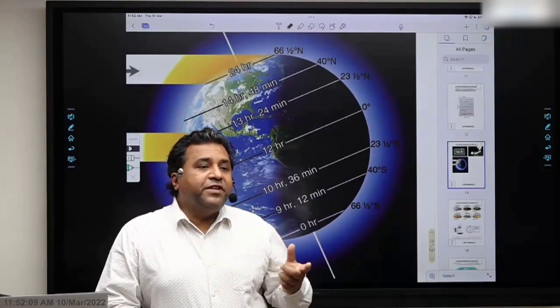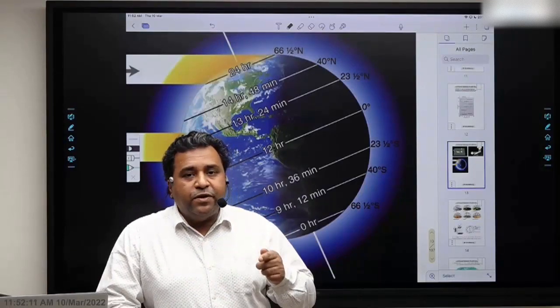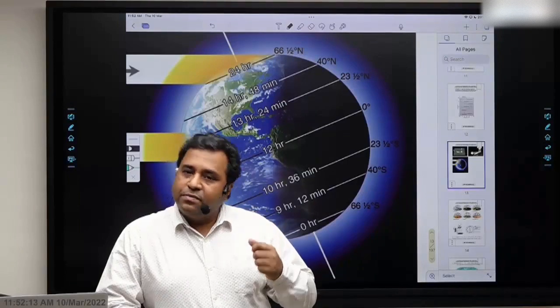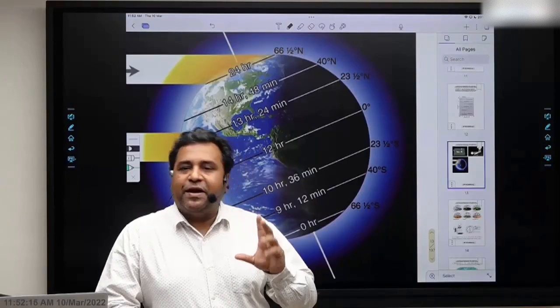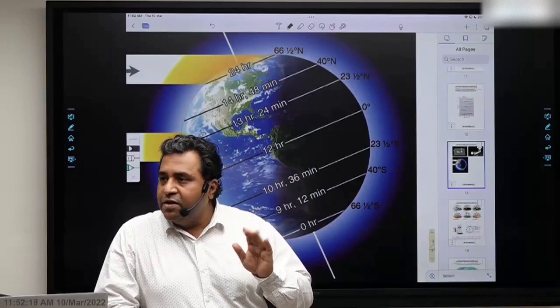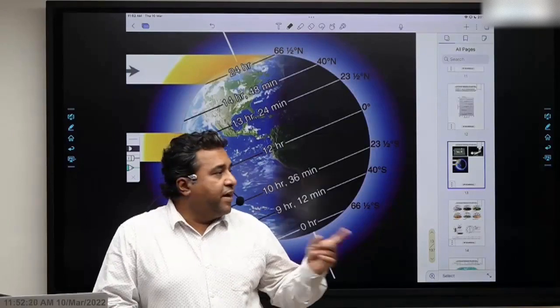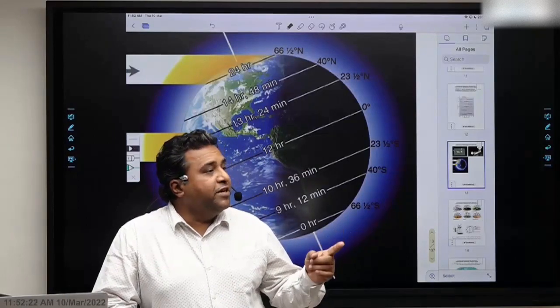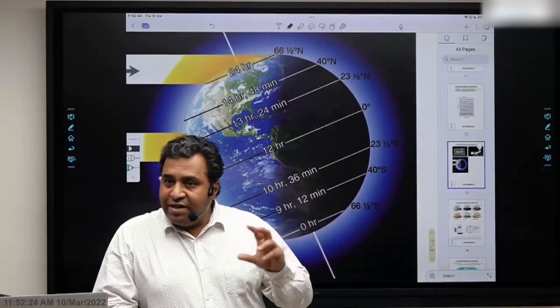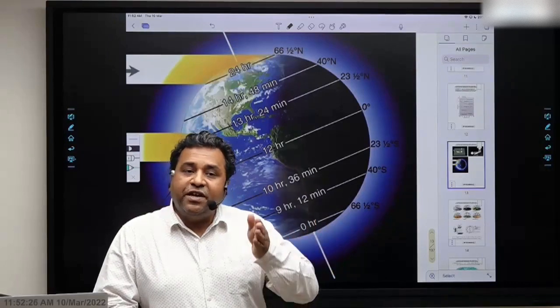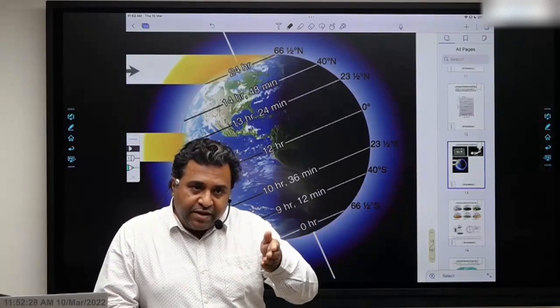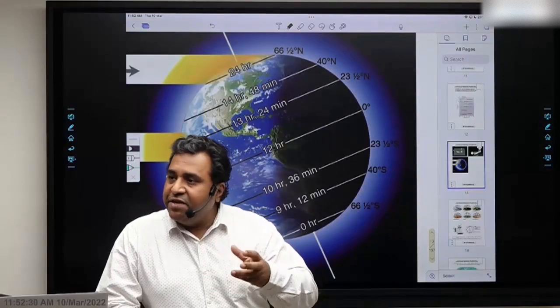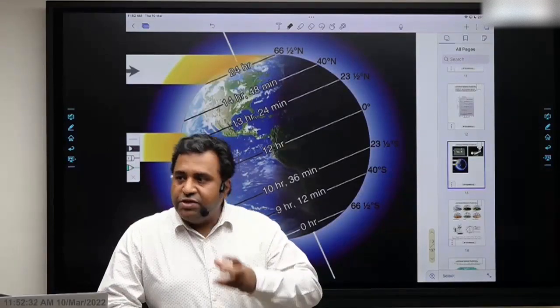On the equinox dates, where will the sunlight be perpendicular? The equator. And on the poles it will be parallel, because the earth is not tilted with respect to the sun. Whereas on which date is it most tilted? Solstice. And there, depending on which hemisphere is tilted towards the sun, the intensity will vary. So this is the tilt.